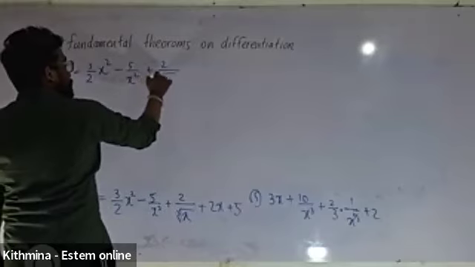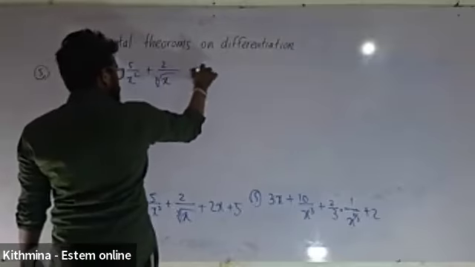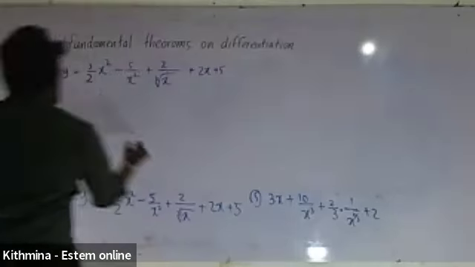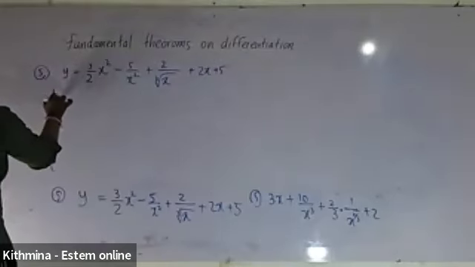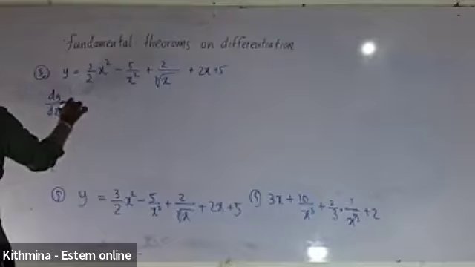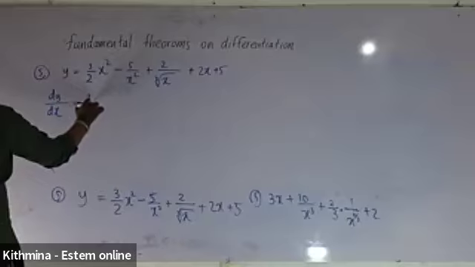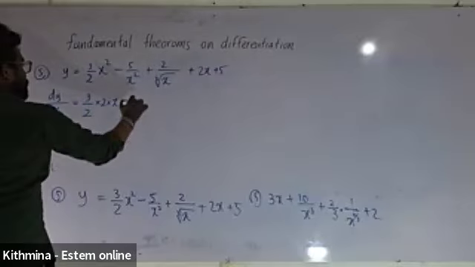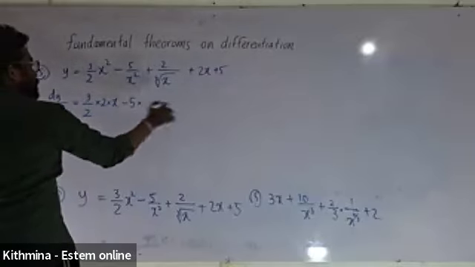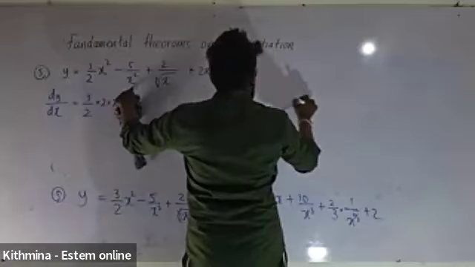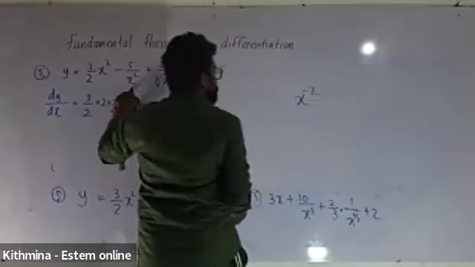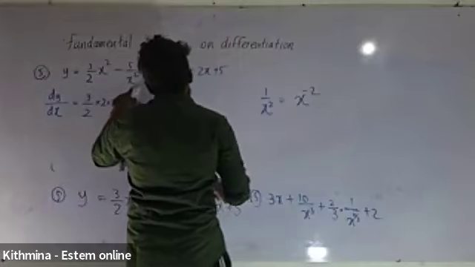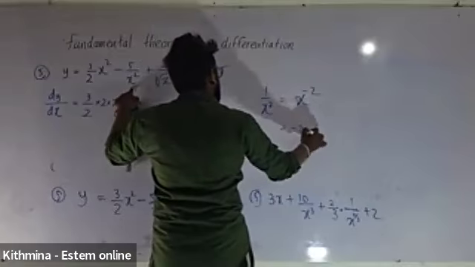Definitely we need a rough paper to solve this. dy over dx is 3 over 2 times 2x minus 5. In my rough paper, I put 1 over x to the power 2 as x to the power minus 2. Then getting minus 2.